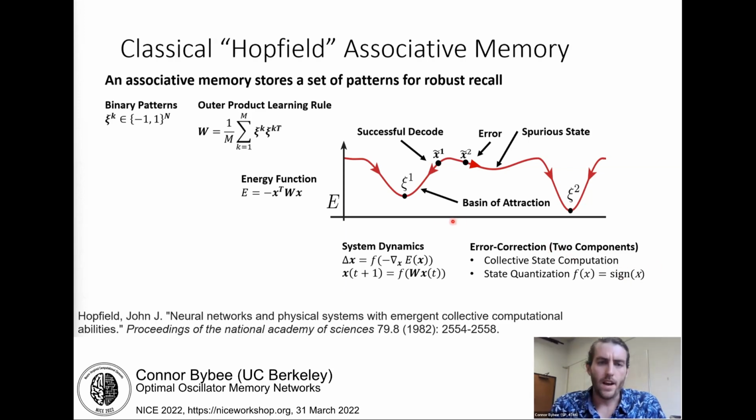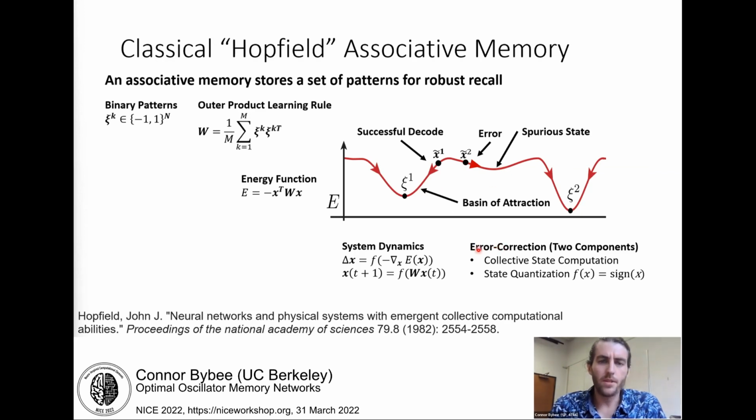This figure demonstrates how an associative memory can perform error correction. So starting with a corrupt pattern, the dynamics will move towards the closest critical point. In this particular figure, there are two types of critical points, those corresponding to stored patterns and those corresponding to spurious states. Successful decoding happens when the network converges to a stored pattern, and an error occurs when the network converges to a spurious state.